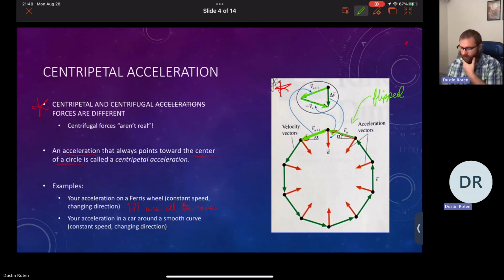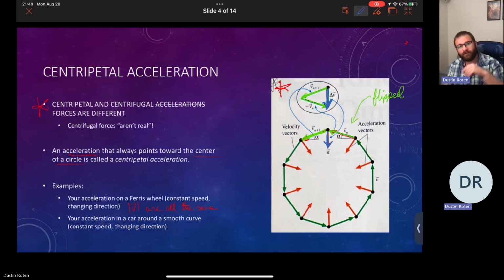180 degrees. So when I take these two vectors I've highlighted in bright green, and I find that difference, remember that difference using the tip-to-tail method, that's going to be my new acceleration, which is right here. Okay, so that acceleration, that delta V, is the same as this inward-seeking acceleration.